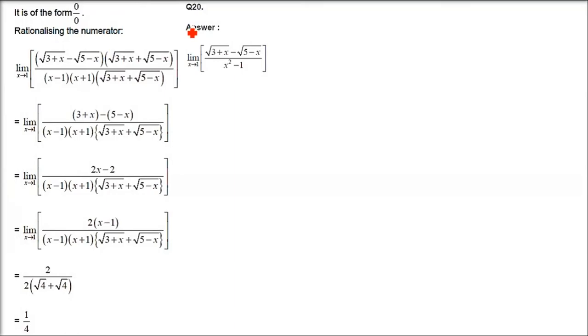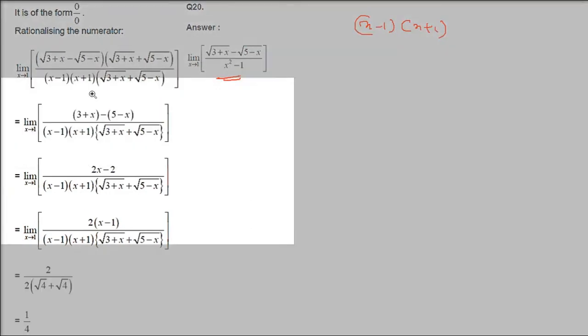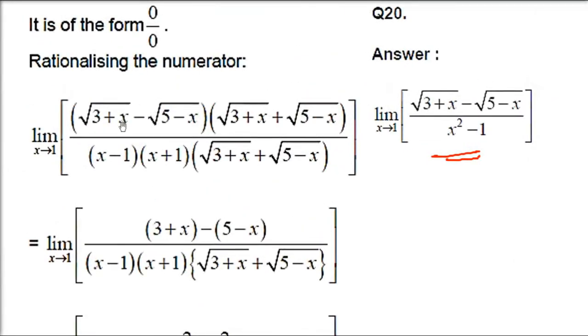Question number 20. So this is 20, limit x tends to 1, and then we have under root 3 plus x minus under root 5 minus x by x square minus 1. So in this, see, you have to use the rationalization factor, but x minus 1, x plus 1 I am writing for x square minus 1, because we know x tends to 1, so x minus 1 is going to be cancelled.